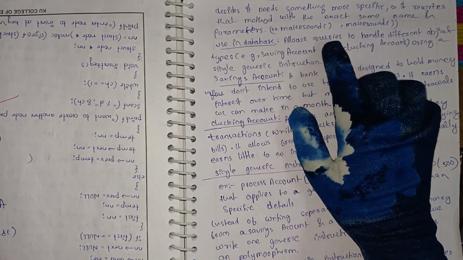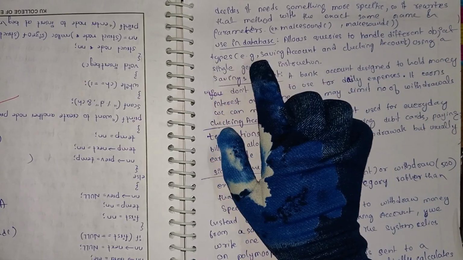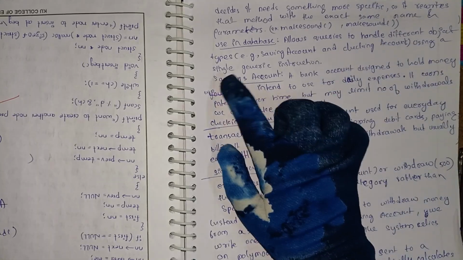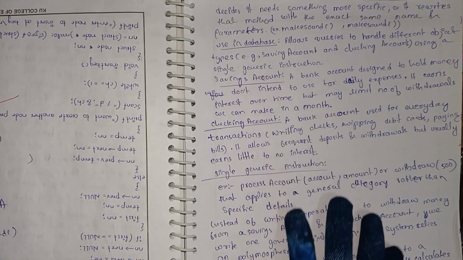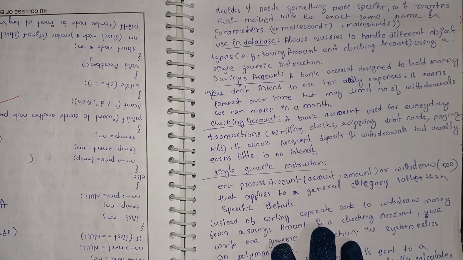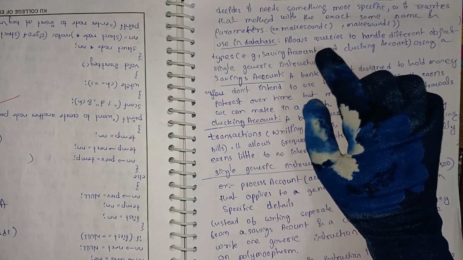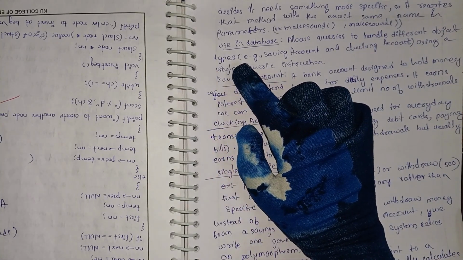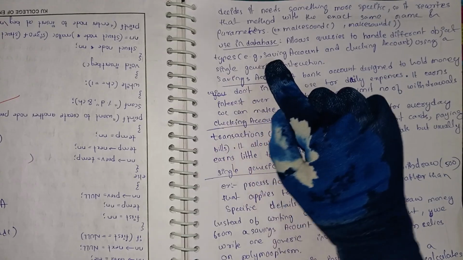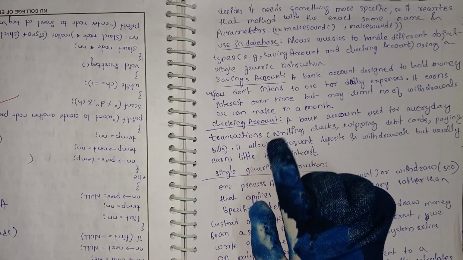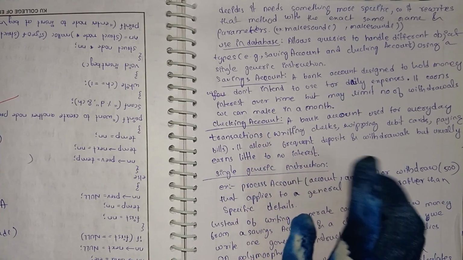Polymorphism allows queries to handle different object types, like saving account and checking account, using a single generic instruction. So what are saving account, checking account, and single generic instruction, we will see now.